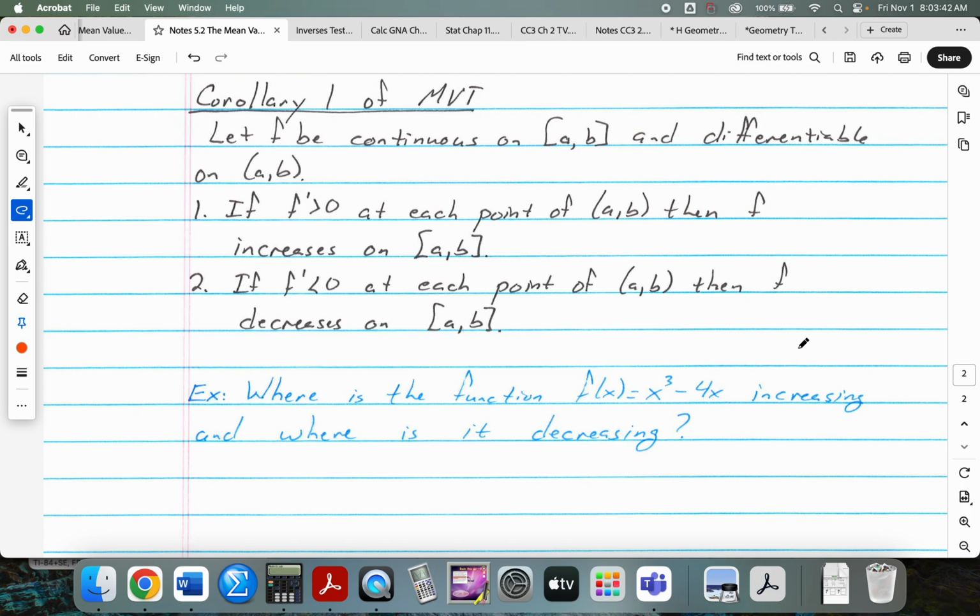So it has to meet those qualifications. Two things. If f prime of x is greater than 0 for each point on an open interval from a to b, then f increases on the closed interval from a to b.